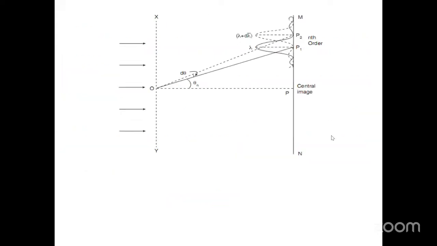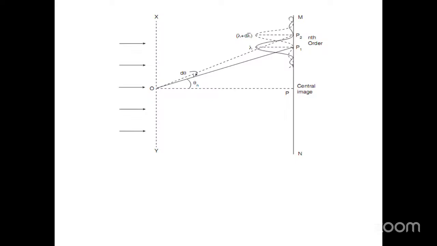So here, in this method, W double dash is the wavefront. If you place a screen, MN is the screen, the central image is P, and XY is the grating element. The diffracted light makes an angle theta with the direction of the light and moves towards the geometrical shadow, where the screen is placed.